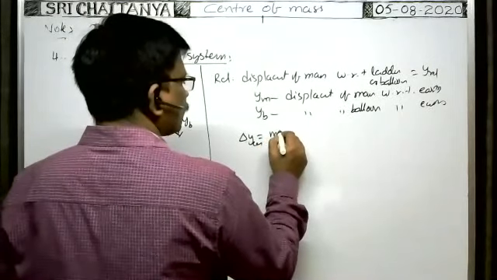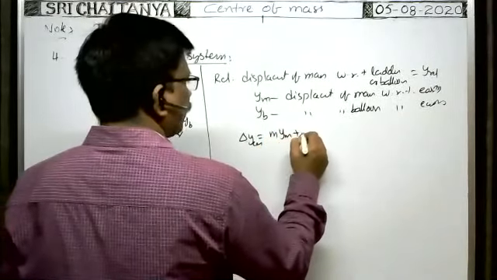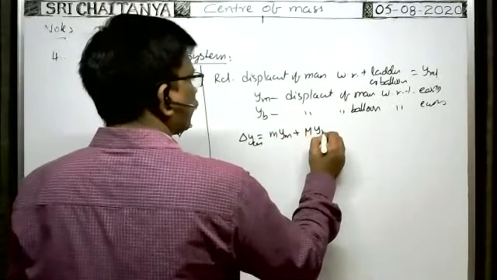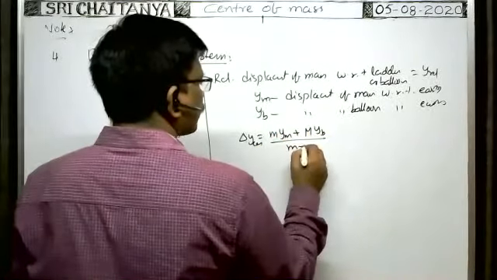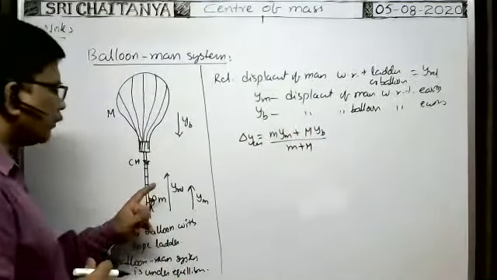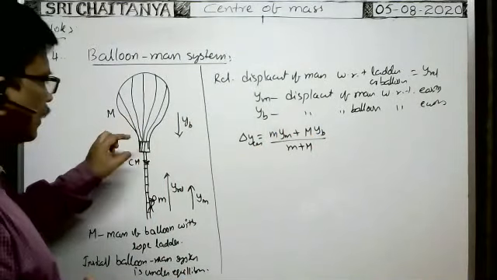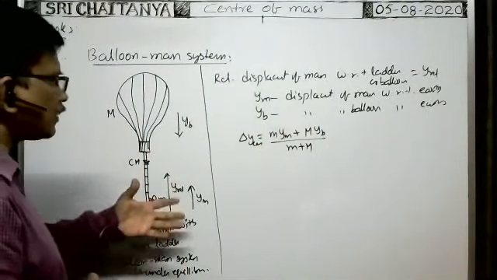M1 means m into displacement of the man upwards, ym, plus capital M into displacement of the balloon, yB, by m plus capital M. Whenever the man climbs the ladder in the upward direction, the center of mass of the man-ladder system does not alter.